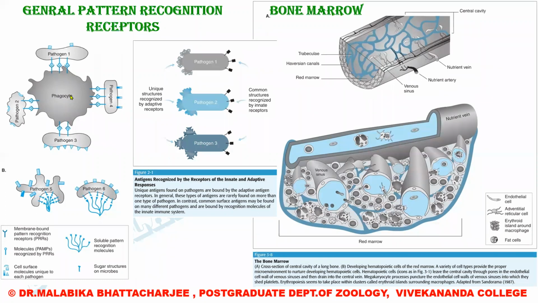In contrast, soluble pattern recognition molecules mainly activate the complement system and serve as opsonins for phagocytosis.